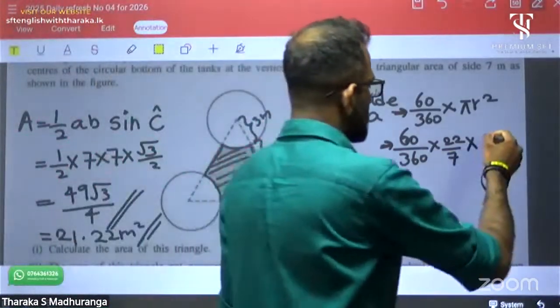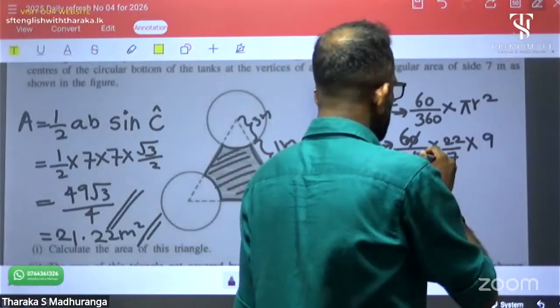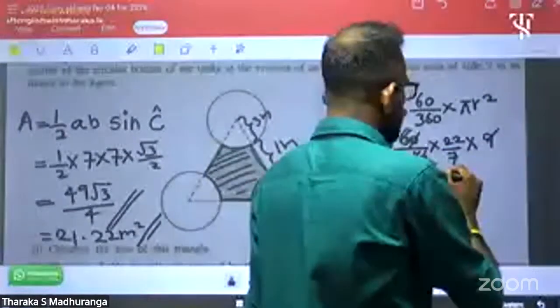The zeros cancel, 36 to 6, and 6 to 9 cancel 2 and 3.